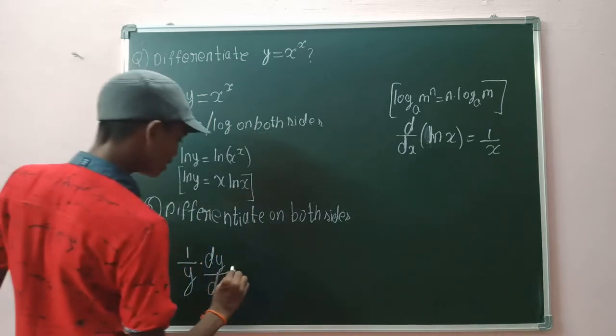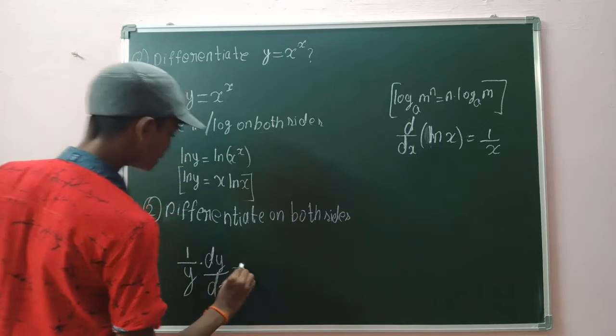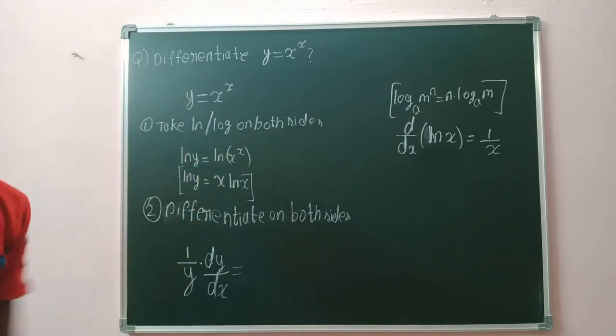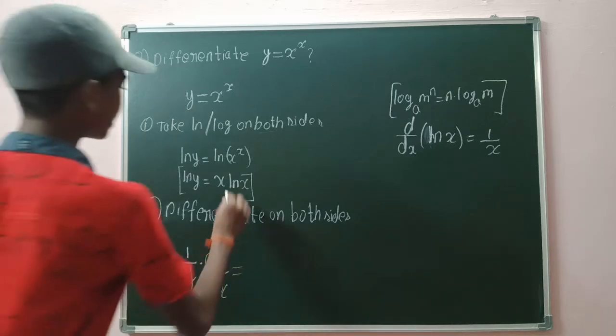So now, when I differentiate your RHS, how will you differentiate? x into ln of x, product of two terms, that is x and ln of x. So we can use the product rule.